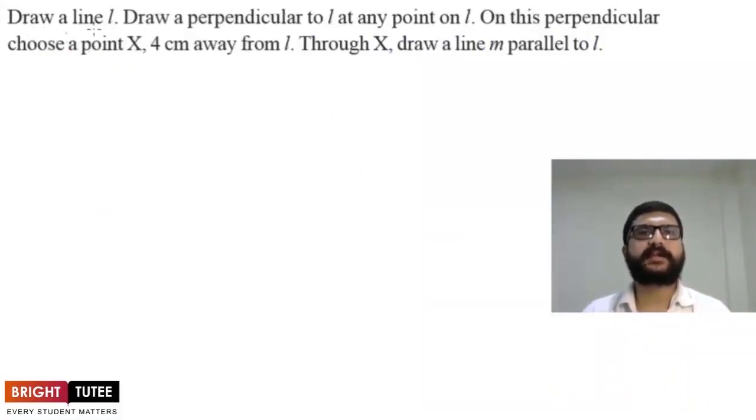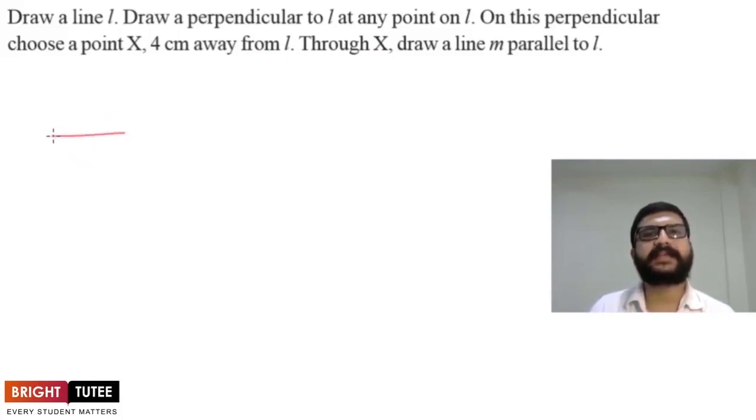Now the next question is, draw a line L, and draw a perpendicular to L at any point on L. Then on this perpendicular choose any point X which is 4 cm away from L. Now through X we have to draw a line M which is parallel to line L. Now let's draw a rough sketch first.